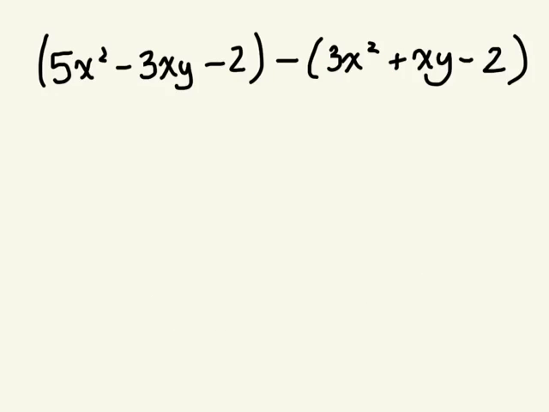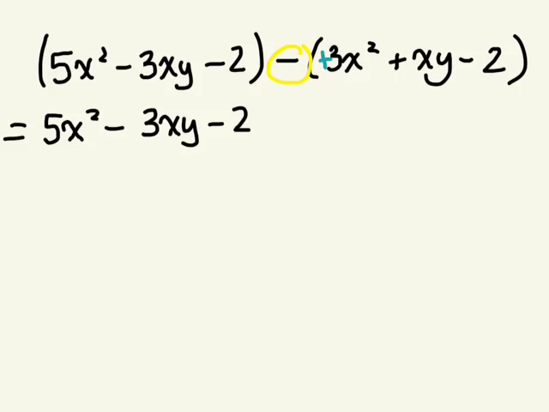So we want to remove the brackets. Does anything happen to the first set of brackets? Because there's nothing in front of it. So we can just rewrite it as is. 5x squared minus 3xy minus 2. But now that we're subtracting, what happens to every single sign inside the second bracket? Good.